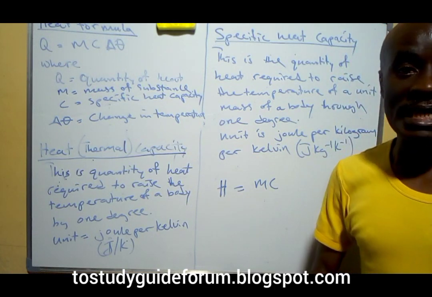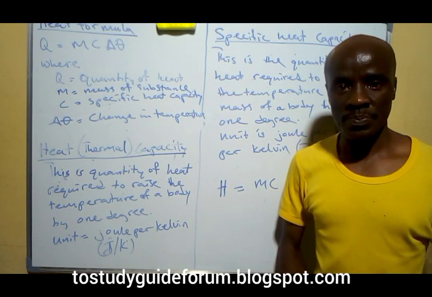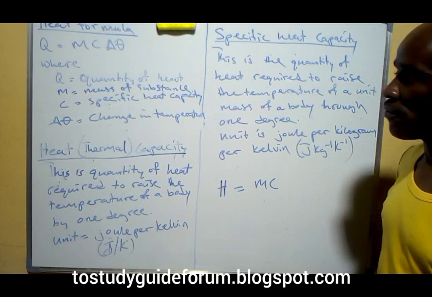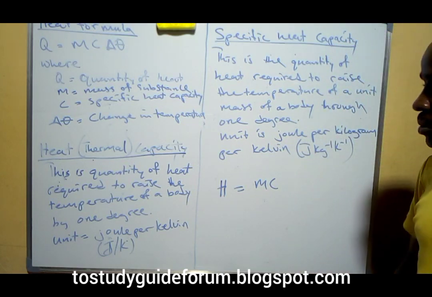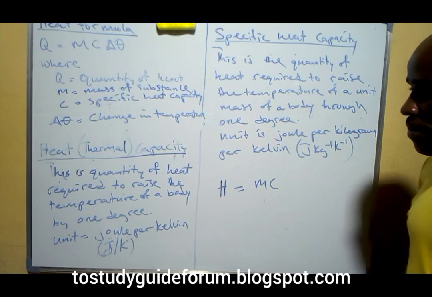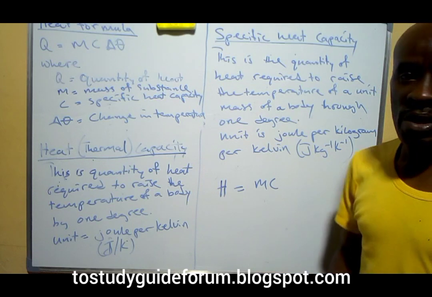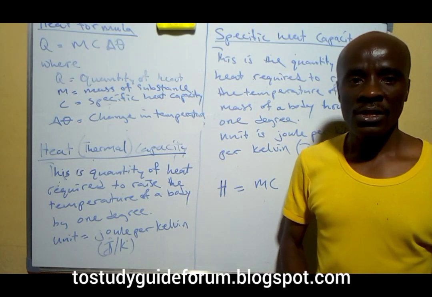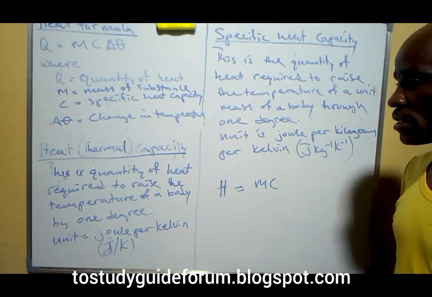Now we already know that energy is what? Heat is a flow of what? Energy. So in other words, heat is a form of energy too. So in this case, we look at another one of the parameters we always consider whenever we're looking at heat, and that is what we call the heat capacity or thermal capacity.